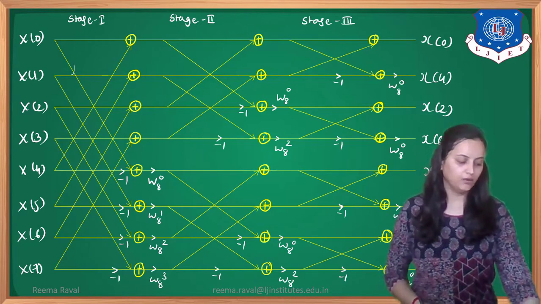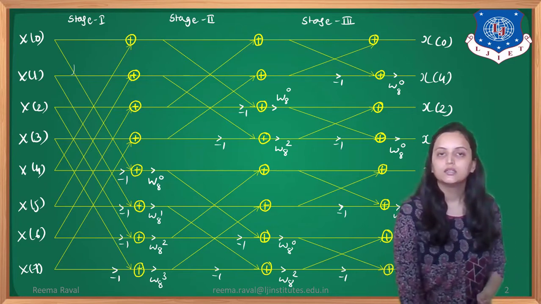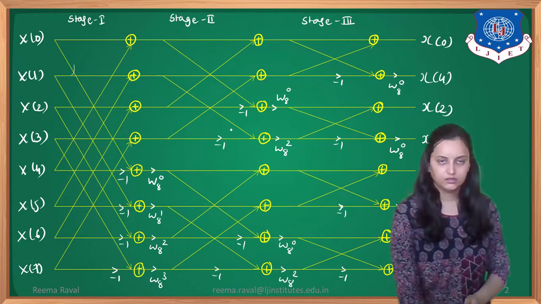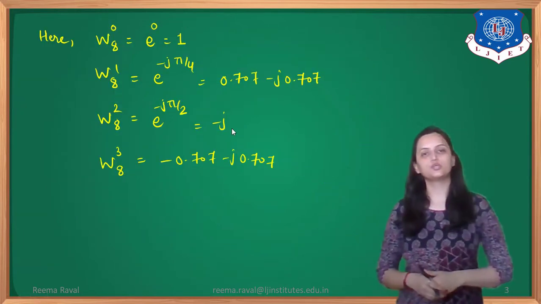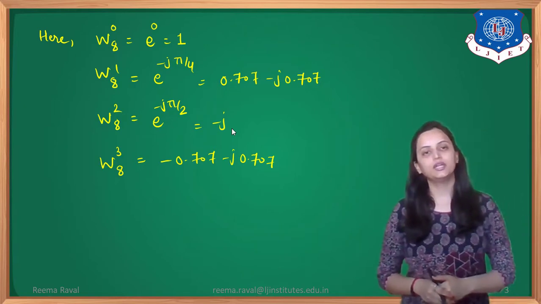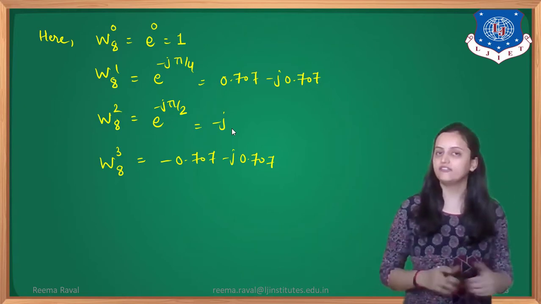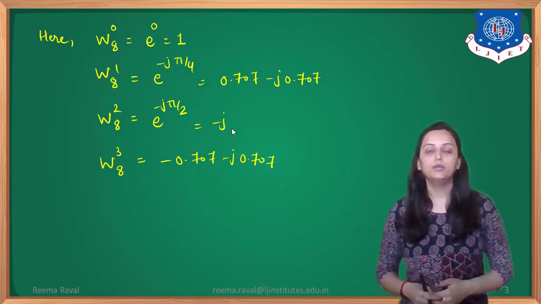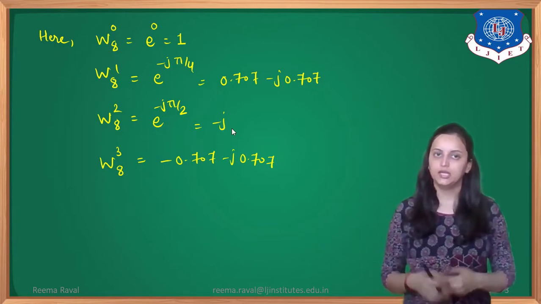Now let us calculate the output of each and every stage. For that, first we need to calculate the twiddle factors, W80 to W83, which are the same as in the DIT FFT algorithm. W80 is e raised to 0, which is 1.